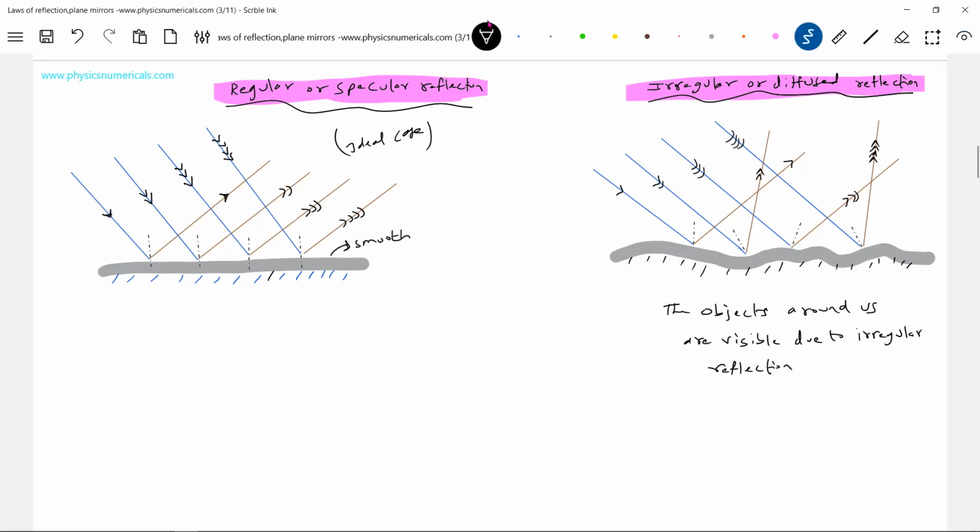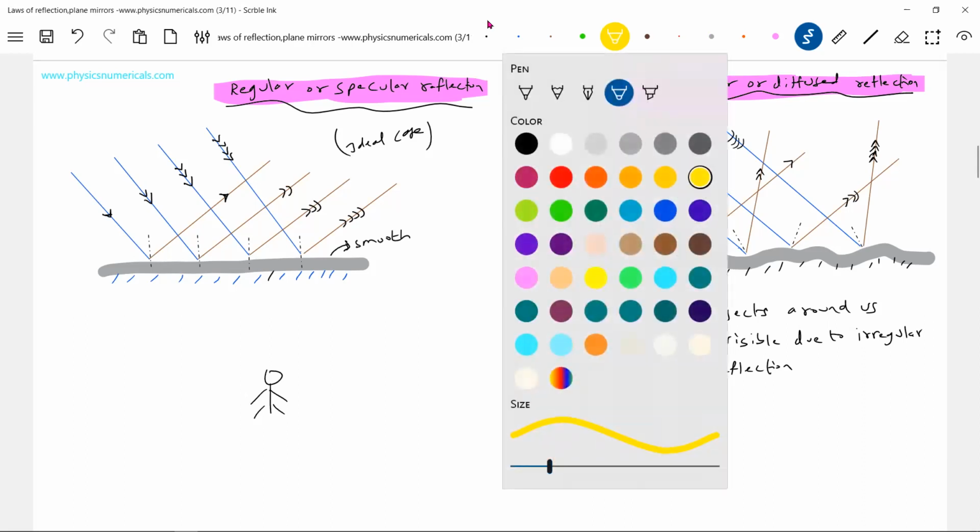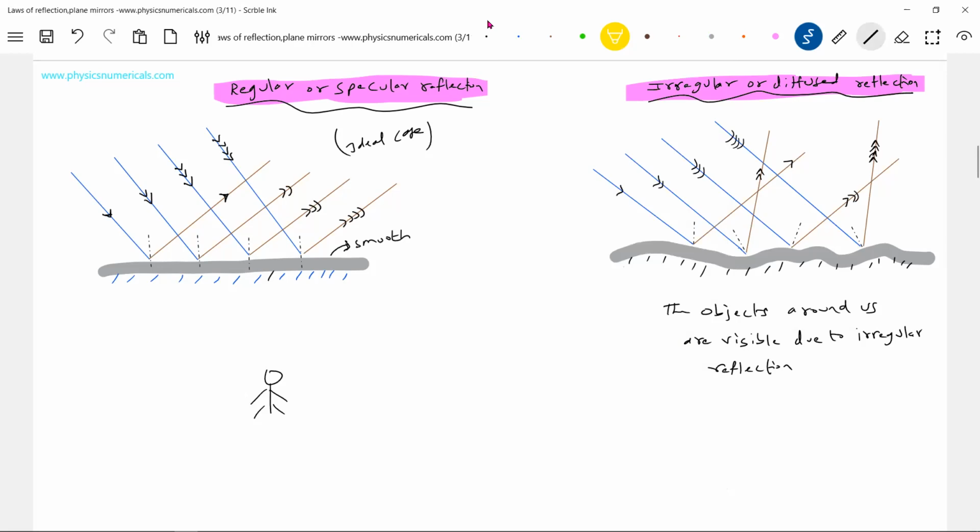Okay, let's assume that a person is standing in sunlight. The sunlight will be incident on him. I'm showing a light color. Then another person, or we'll take some object like a flower. Let me take it.